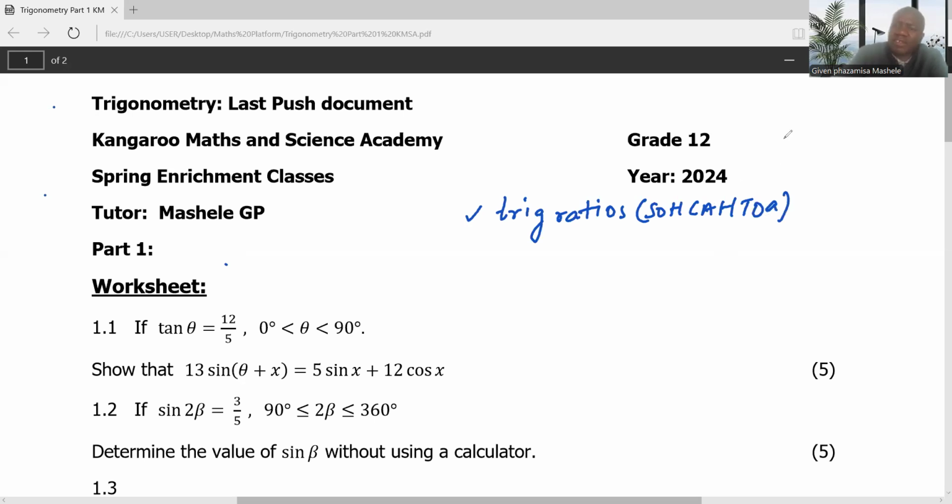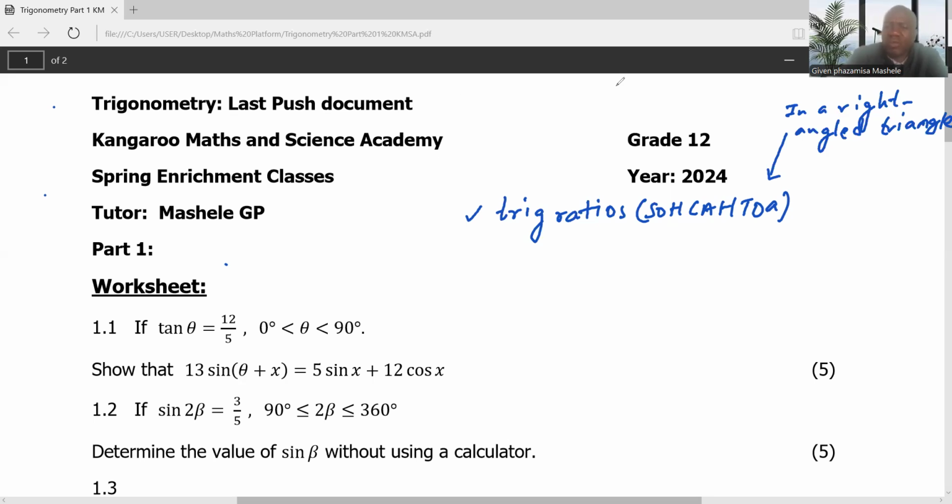And remember, these trig ratios are applied in a right angled triangle. So if we have a right angled triangle, then we can apply SOHCAHTOA. We know sine is opposite over hypotenuse, cos is adjacent over hypotenuse, tan is opposite over adjacent.